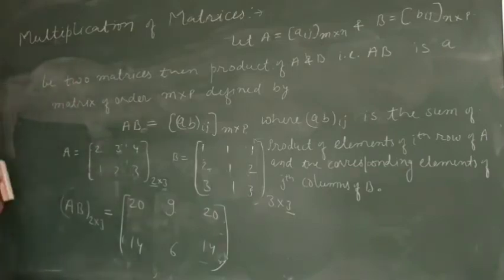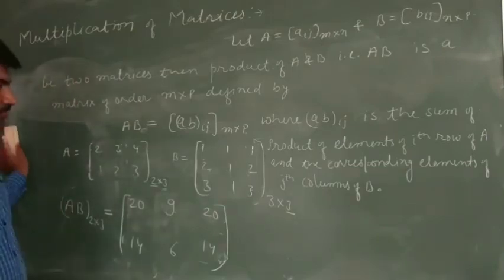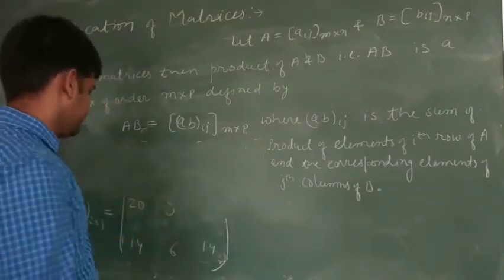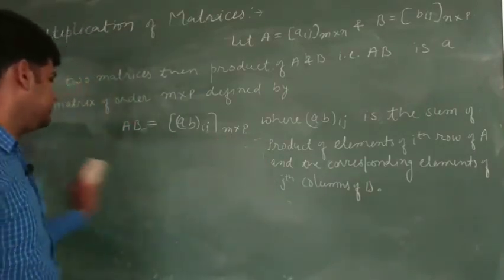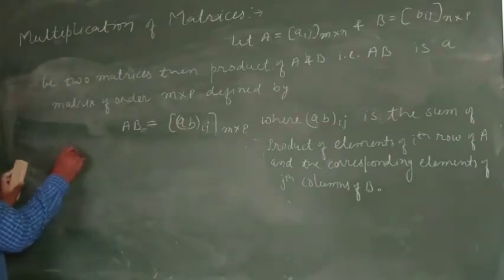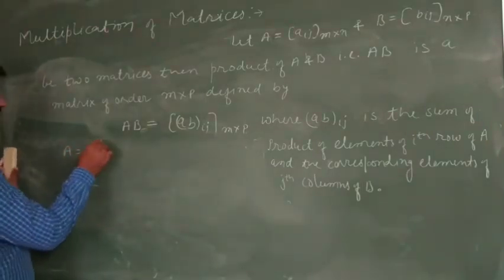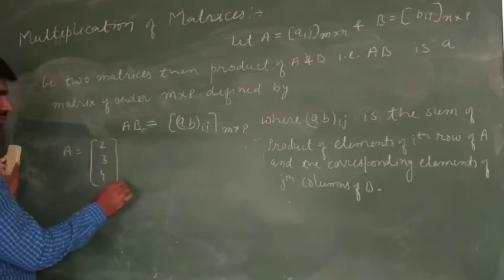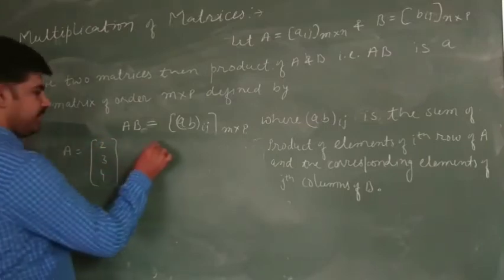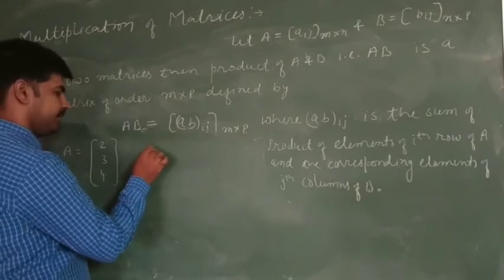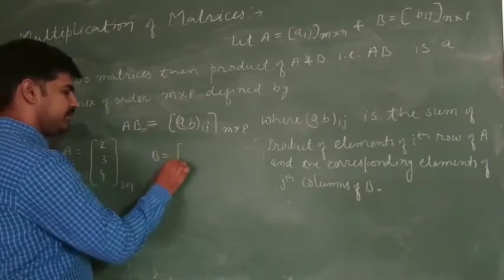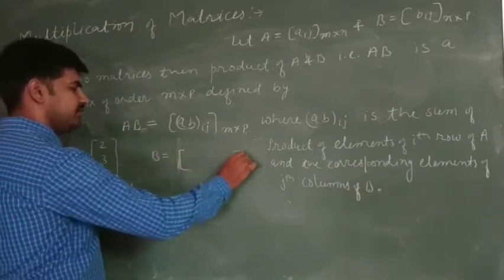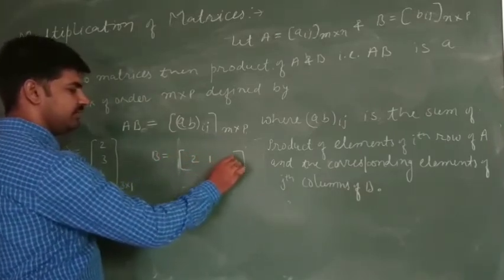One more example if I take, a very simple example I am taking, students. Suppose A I take as a column matrix 2 3 4, the order is 3 by 1, and here I take B, a row matrix 2 1 1.